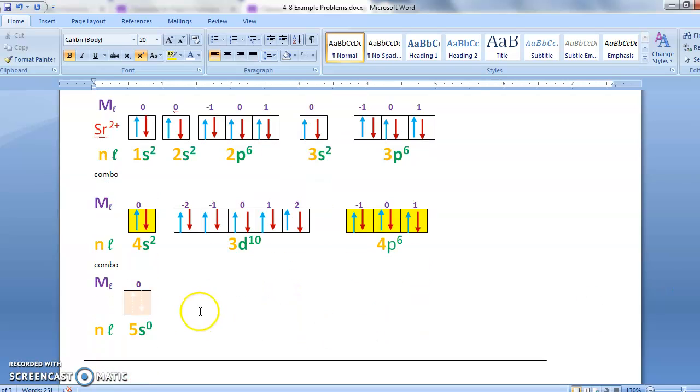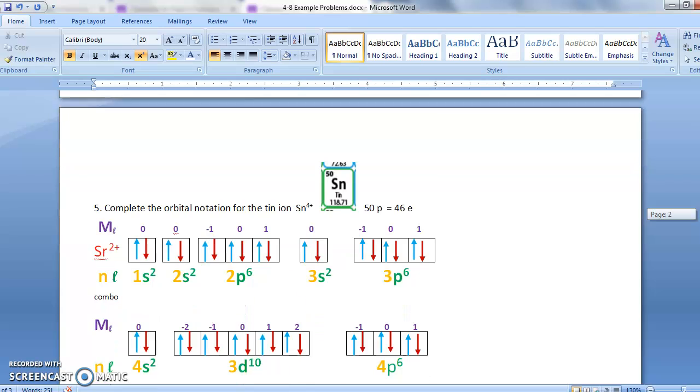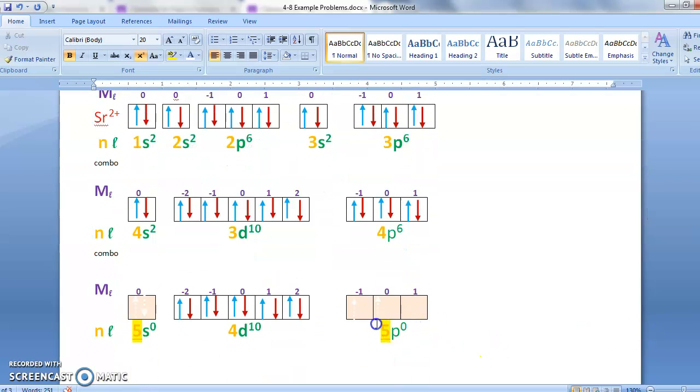Strontium was able to lose those 2 to be left with the full s and p. Tin had to lose 4, 2 out of the 5p, 2 out of the 5s, to be left now with the 4s full. By losing these, it's left with the 4s full, there's 2, and the 4p full, there's 6. 2 and 6 is 8. When tin lost those 4 electrons, it was left with a stable octet.